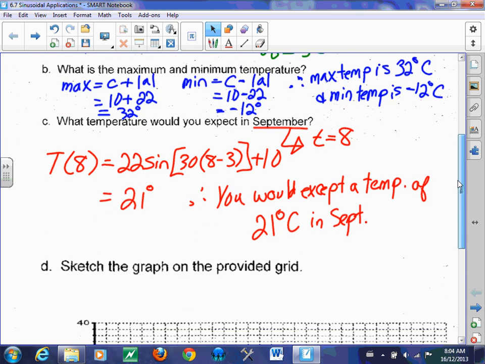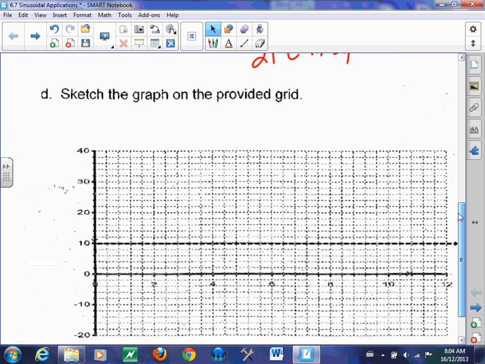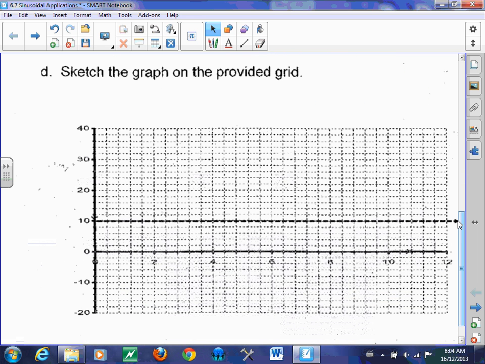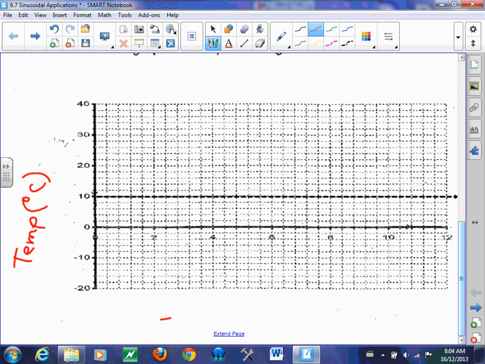All right, keep moving on, as our handout says. Sketch the graph on the provided grid. Hopefully we realize that our dependent variable is temperature. So we're going to write down temperature here, and it's in degrees Celsius. And our independent variable, or our x-axis, is going to be time, and that's going to be in months.